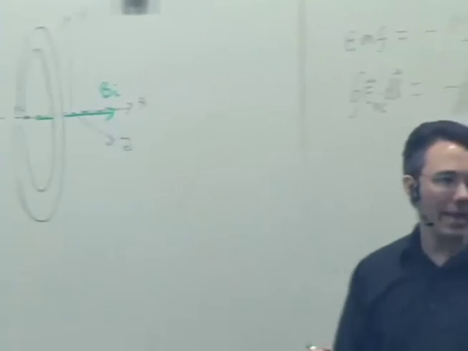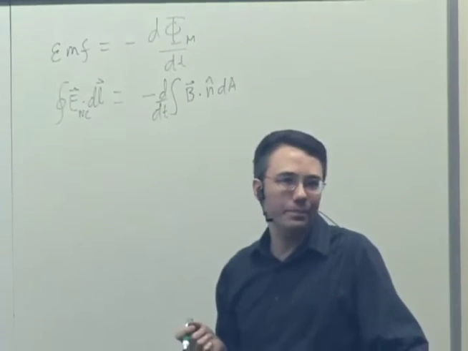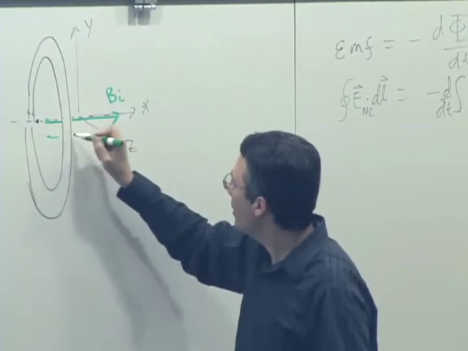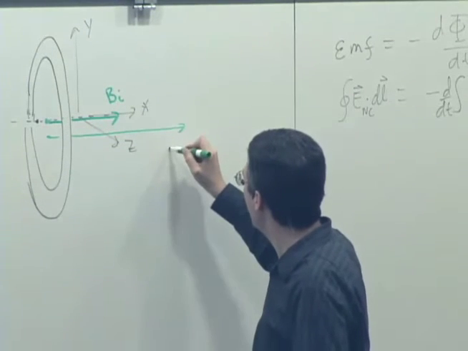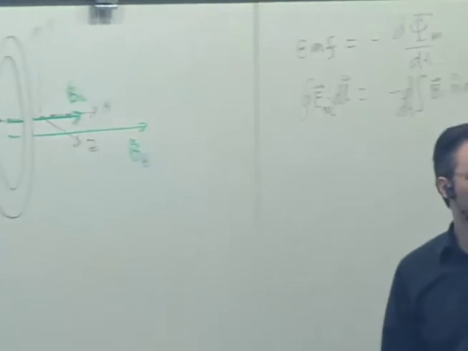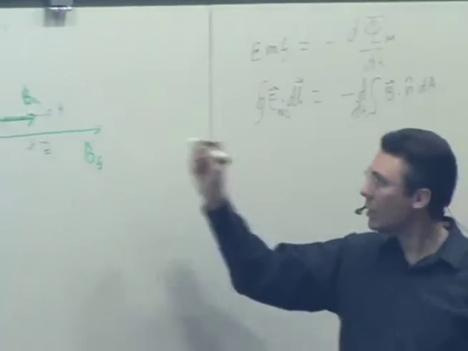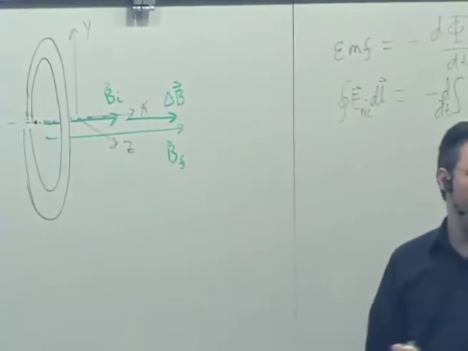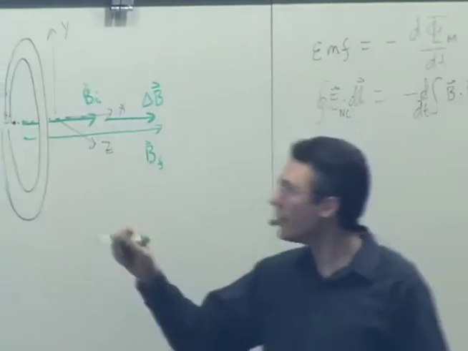What happens to the magnetic field as we move the bar magnet closer? Gets bigger, right? So that's B initial. We draw B final as bigger. Delta B is pointing that way. Negative dB/dt points the other direction. Okay.